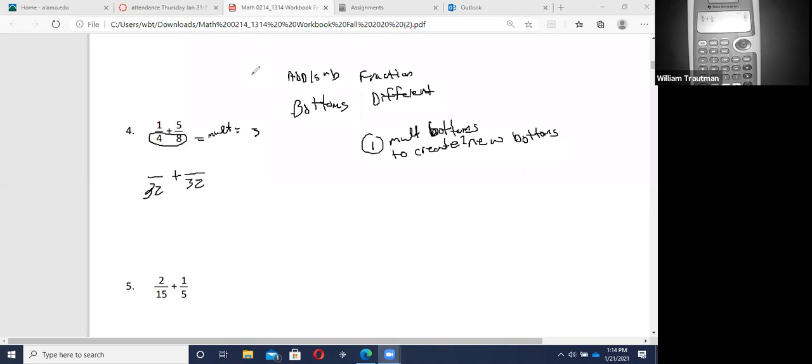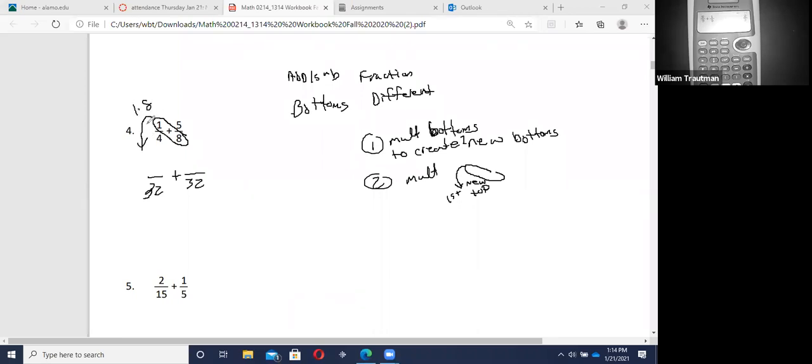All right, now I'm going to erase this. Step two is multiply, and I'm going to multiply these two for the new first top. 1 times 8. Even though it says plus, the rule says multiply.